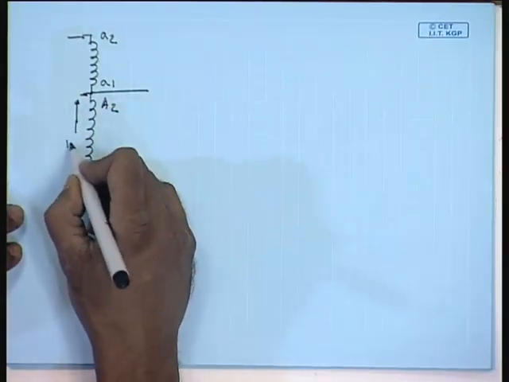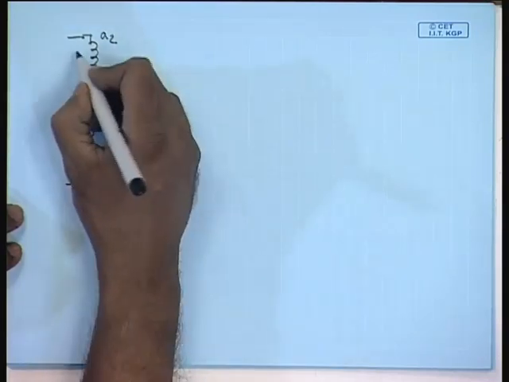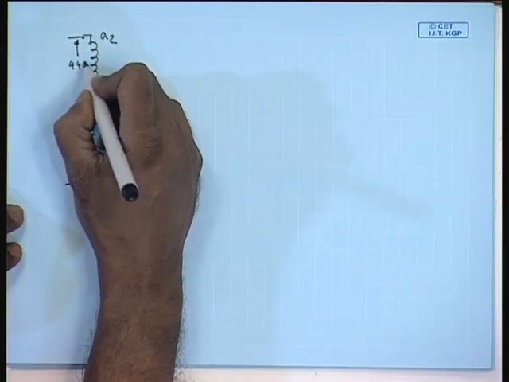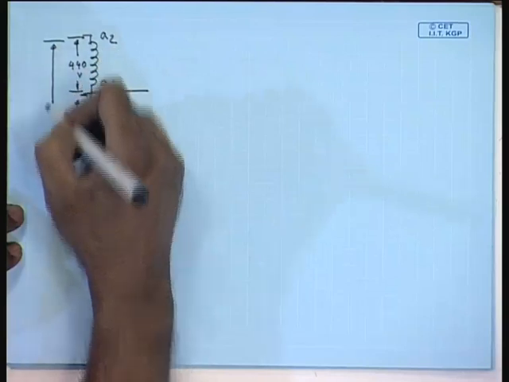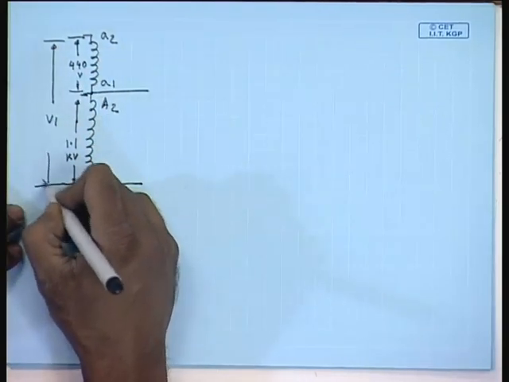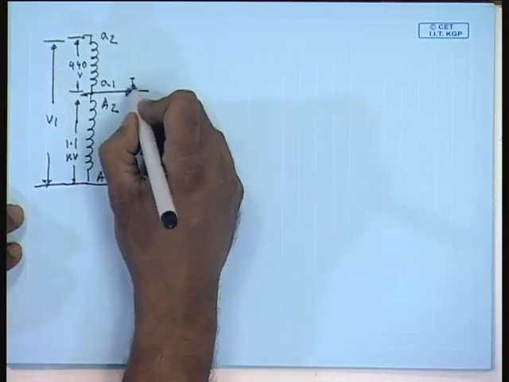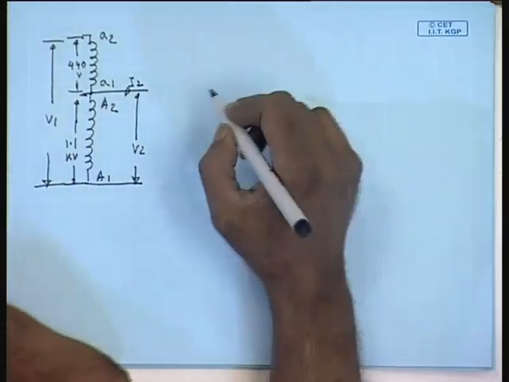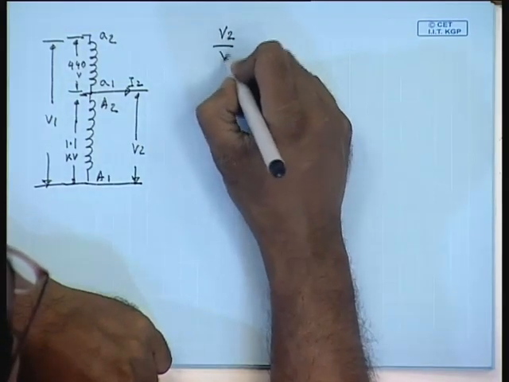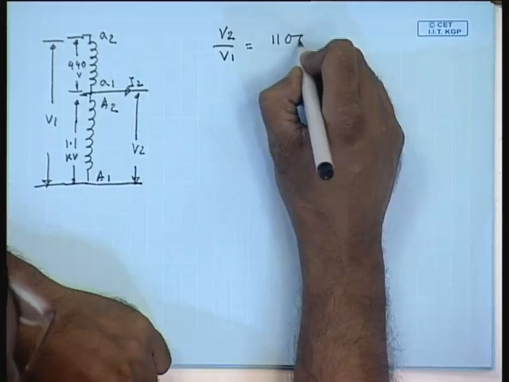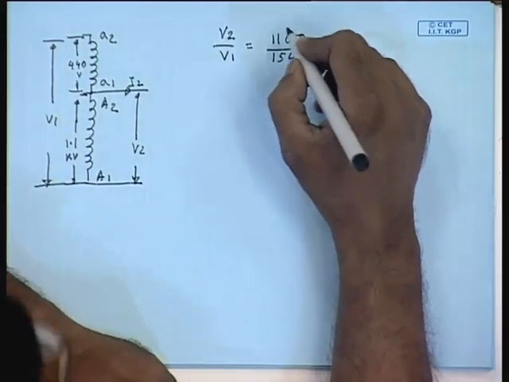So, this part has a rated voltage of 1.1 kV and this part has a rated voltage of 440 volts. Hence, here the voltage conversion ratio will be V2 by V1 equal to 1100 divided by 1540, going by the same logic.